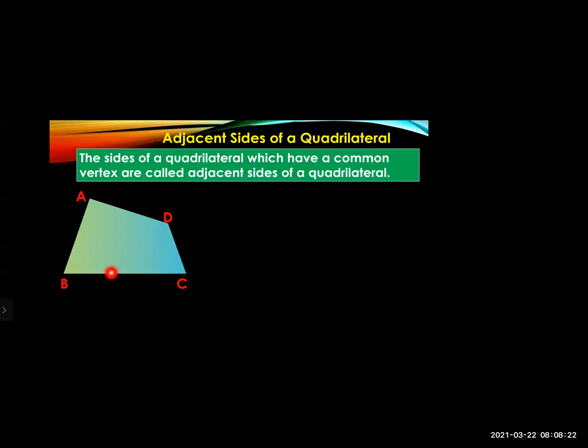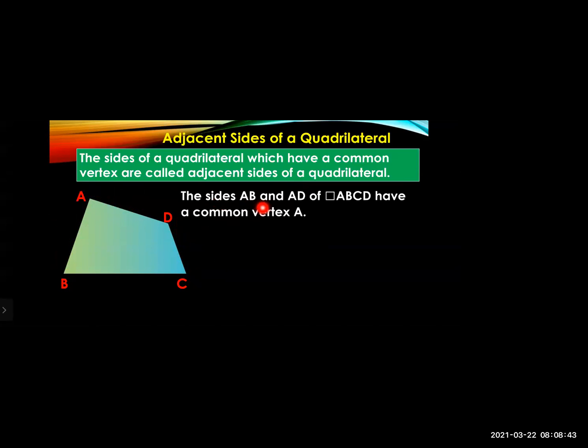Now if I say BC and DC, which is the common vertex? C. So those sides which have a common vertex are called adjacent sides. Or you can remember, as I have said before, neighboring sides means the neighbor one.